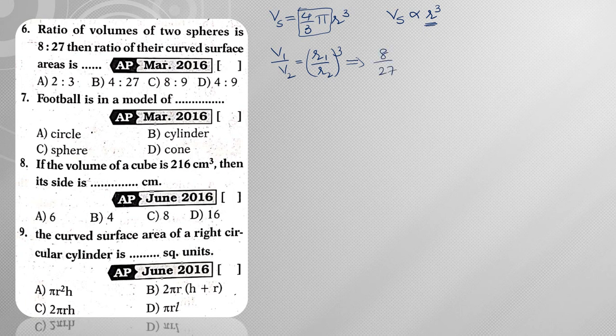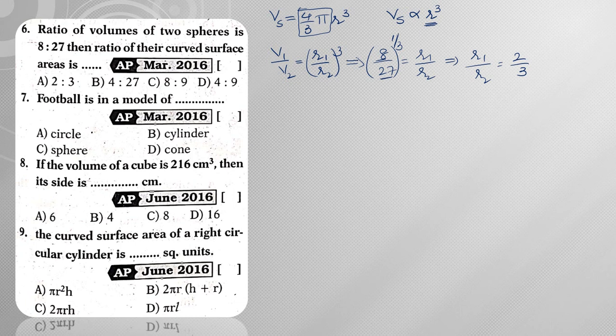So 8 by 27 is equal to R1 by R2 whole cube. That cube I can write as whole power 1 by 3. So I am going to get R1 by R2 is equal to 2 by 3, because 8 is 2 cube and 27 is 3 cube. The power 1 by 3 cancels with the cube. So R1 by R2 is equal to 2 is to 3.